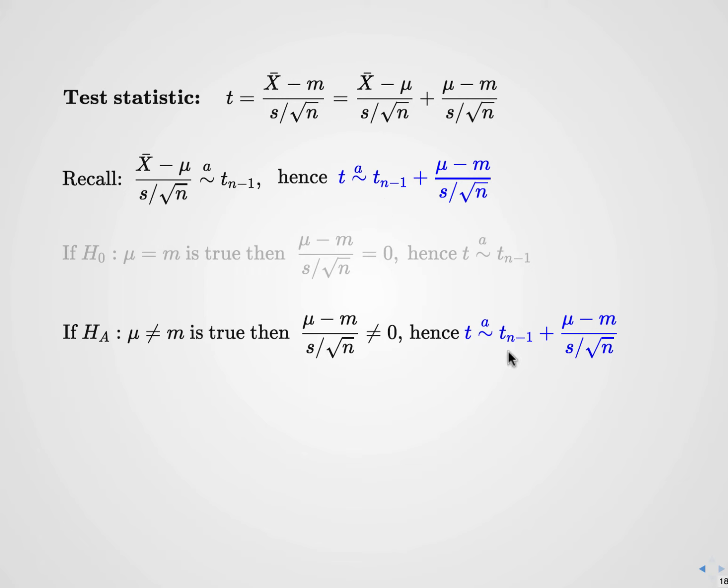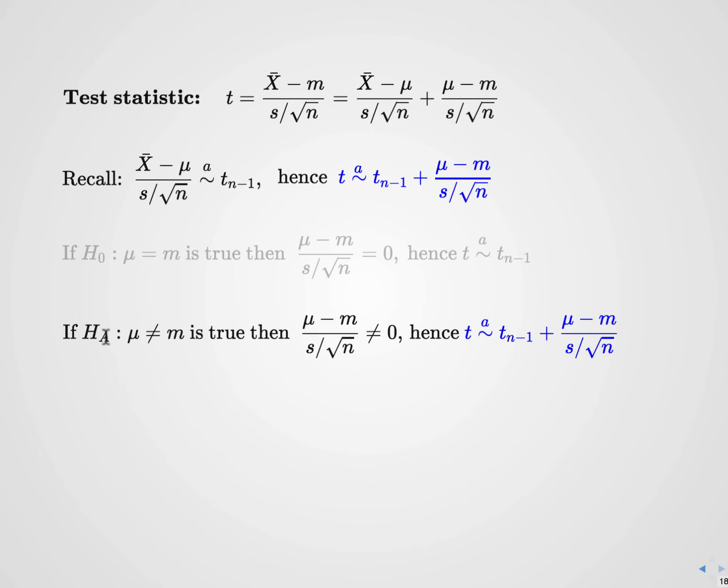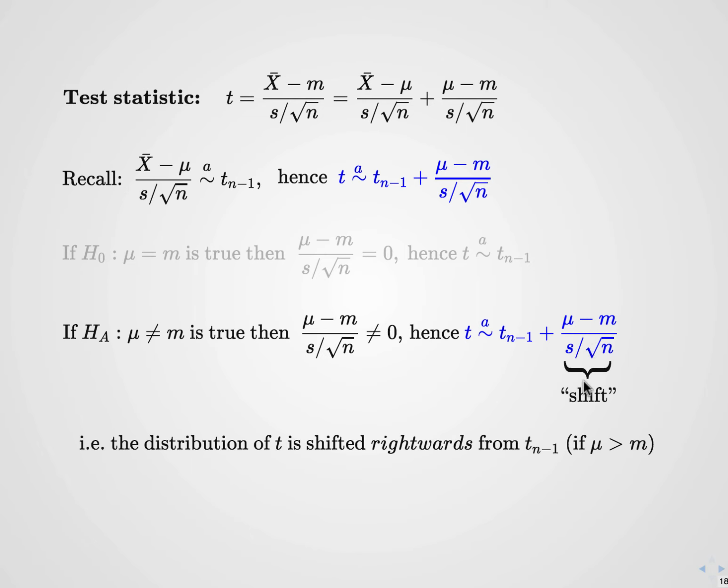This is the important thing about the behaviour of this test statistic: the t-test statistic has a t-distribution, at least approximately, when the null hypothesis is true. But when the alternative is true, then the t-statistic is no longer t-distributed. Instead, it's t-distributed plus this extra bit, and for our purposes, we'll call that a shift.